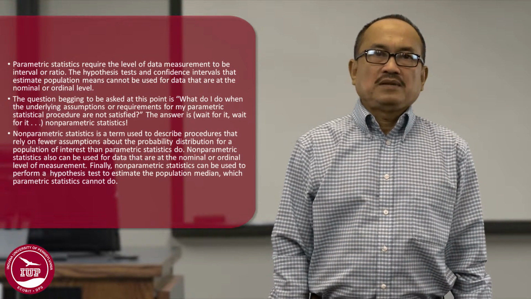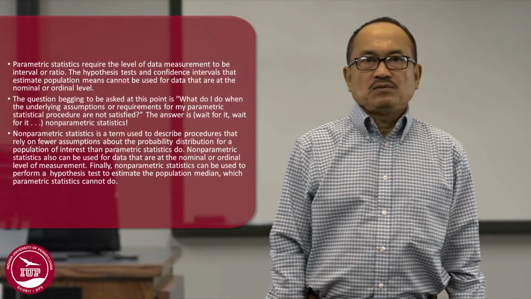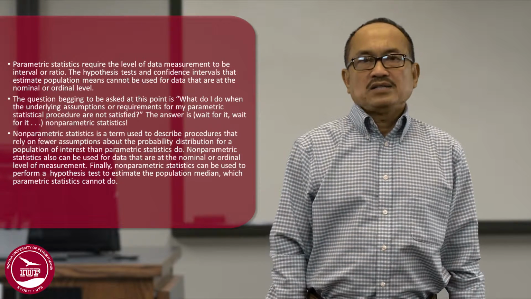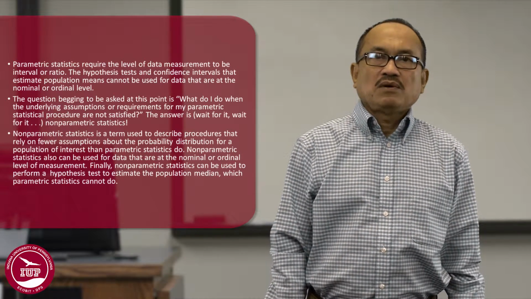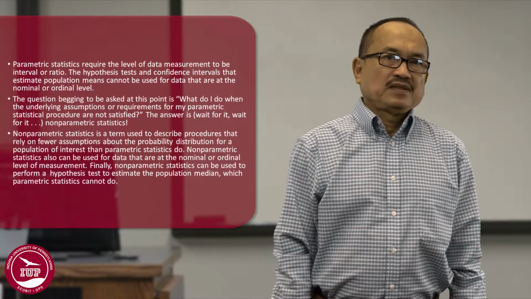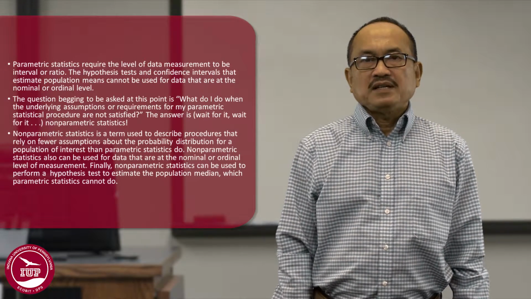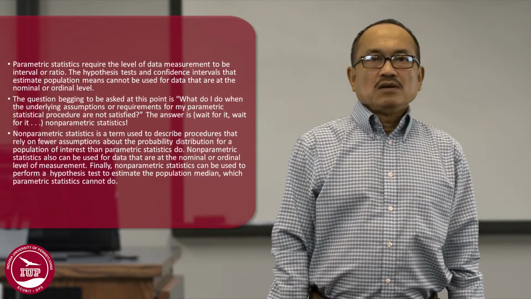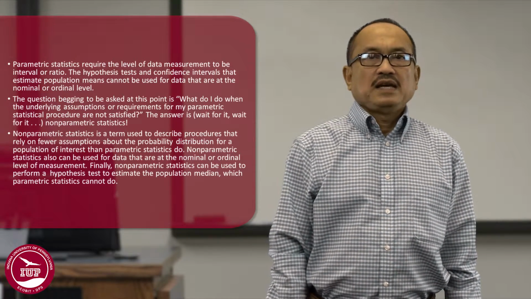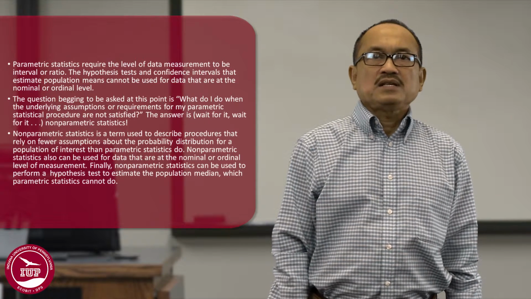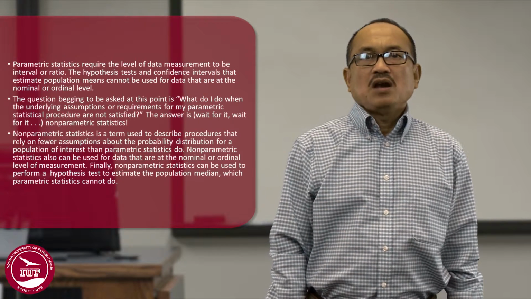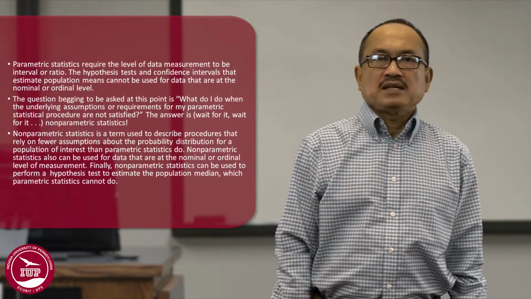or ordinal level. The question begging to be asked at this point is, what do I do when the underlying assumptions or requirements for my parametric statistical procedure are not satisfied? The answer is non-parametric statistics. Non-parametric statistics is a term used to describe procedures that rely on fewer assumptions about the probability distribution for a population of interest than parametric statistics do.